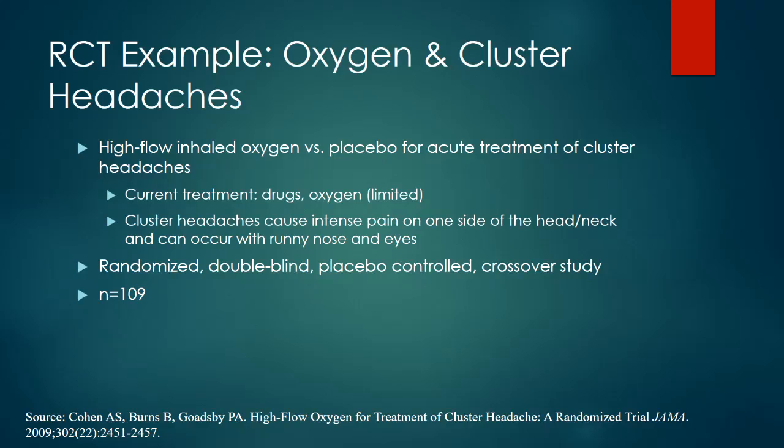The current treatment when this study was done was treating with drugs, and there was some use of oxygen, but this study was really designed to evaluate whether high-flow inhaled oxygen was more effective than a placebo for acute treatment of headaches. So the investigators did a randomized, double-blind, placebo-controlled crossover study on 109 people. And a crossover study means that people serve as their own controls. So they've received both the treatment and the placebo. So we'll come back to that in a second.